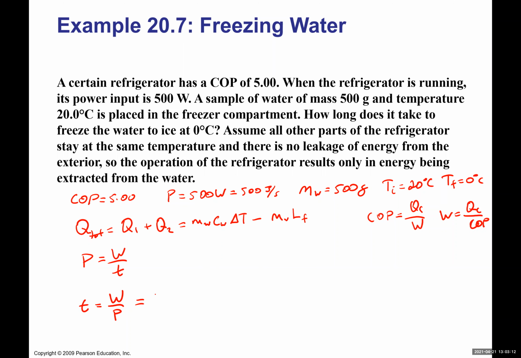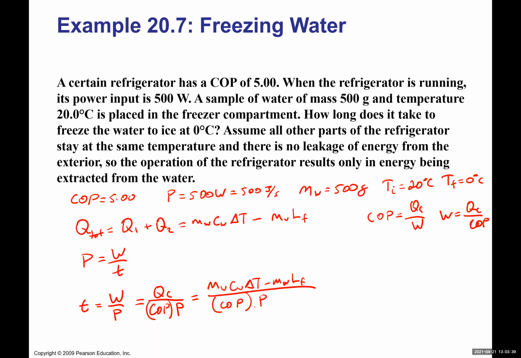That means I can say it's QC over COP times power. Okay. All right. So from here, I can say that my QC here is M water, C water, delta T minus M water times heat of fusion, and divided by COP times the power.